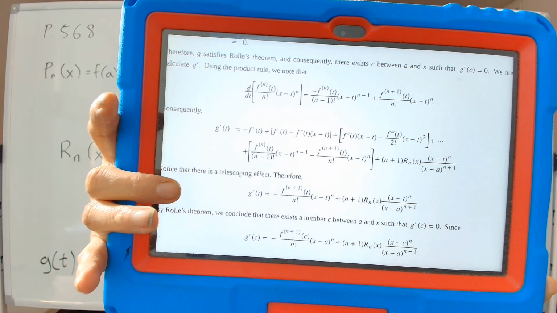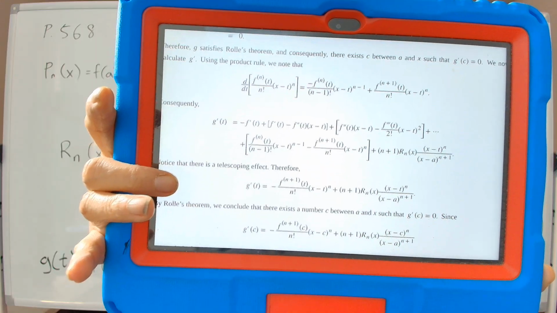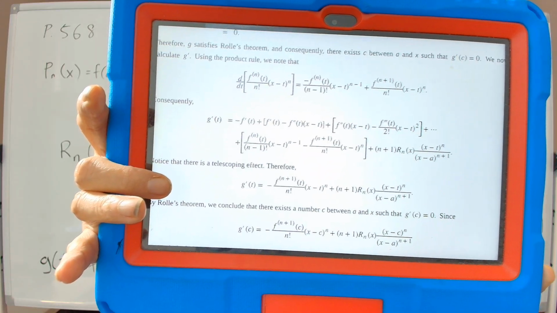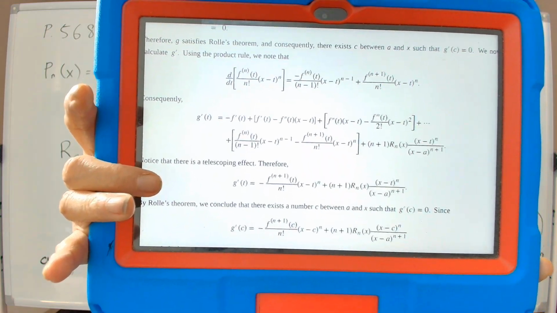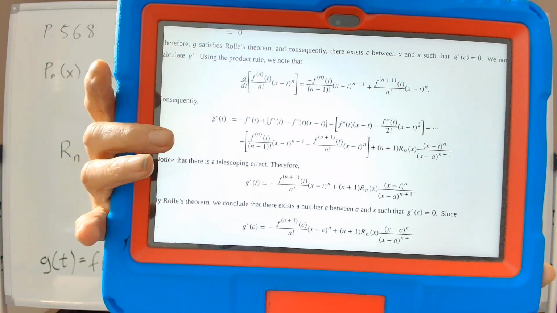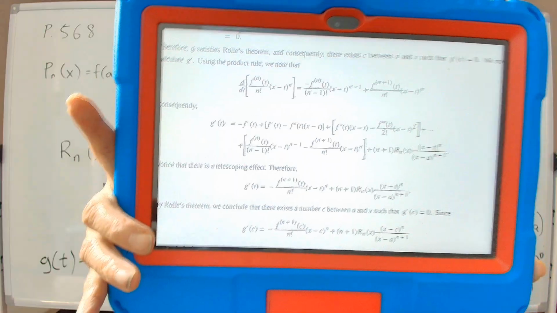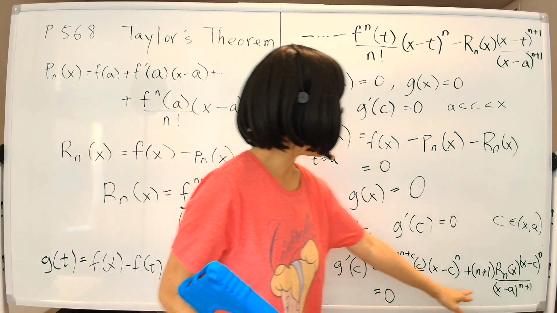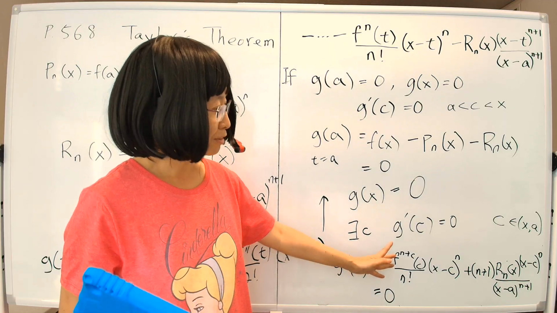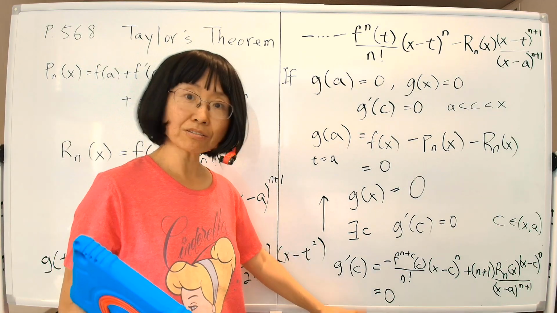Once you get it, you find out that the derivative of g is only 2 terms, even though g has a ton more terms than that, because it's subtracted out in a telescopic way. And therefore, we know that g prime of c equals these things added together, which still looks pretty complicated, but it equals 0.